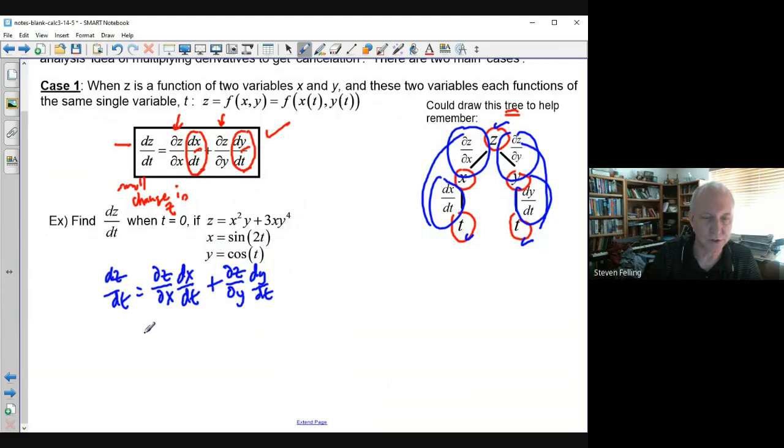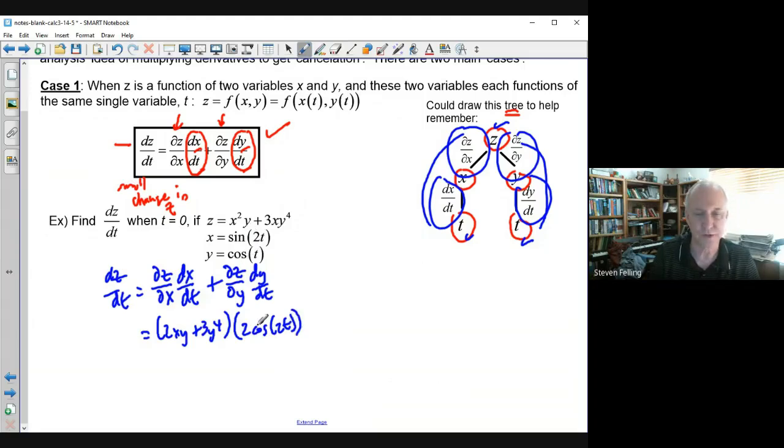So let's fill in all these derivatives. The partial derivative of z with respect to x would be 2xy, right? And then this term here would be plus 3y to the fourth, right? And then times the derivative of x with respect to t is going to be 2 cosine 2t, right? How did the little chain rule there, right?